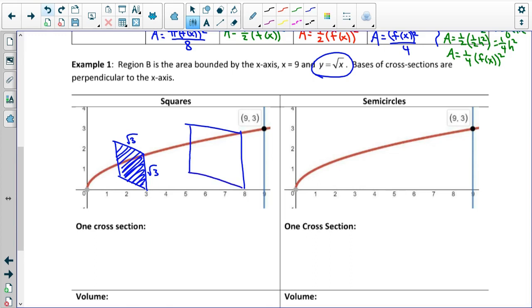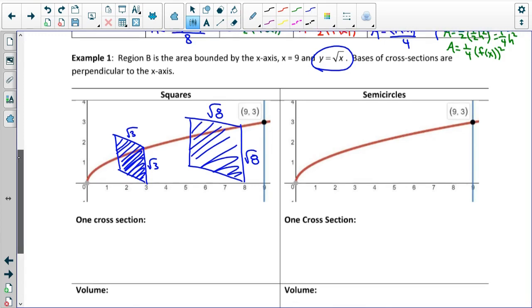And so it basically sums up, I end up with a shape that kind of looks like what we just saw. So I would have a whole bunch of these squares. So this one's square root of 8, and this length would be square root of 8.